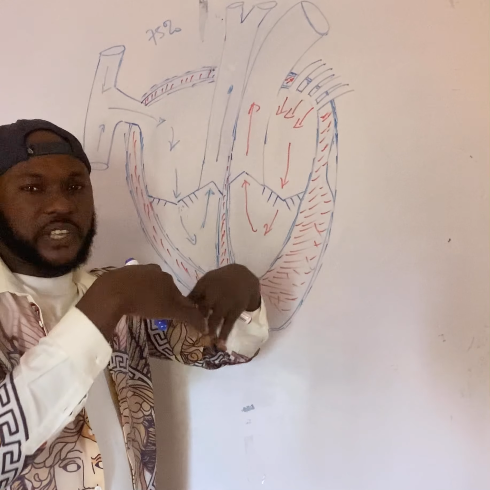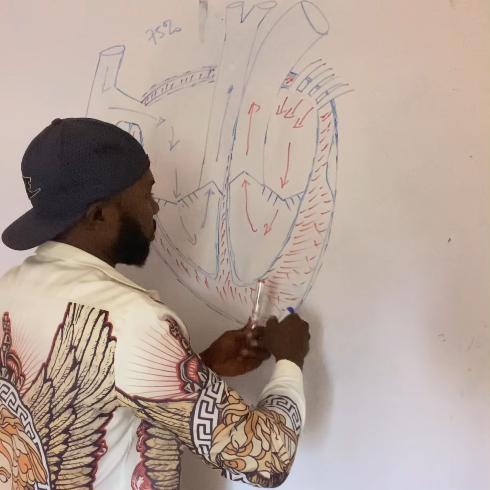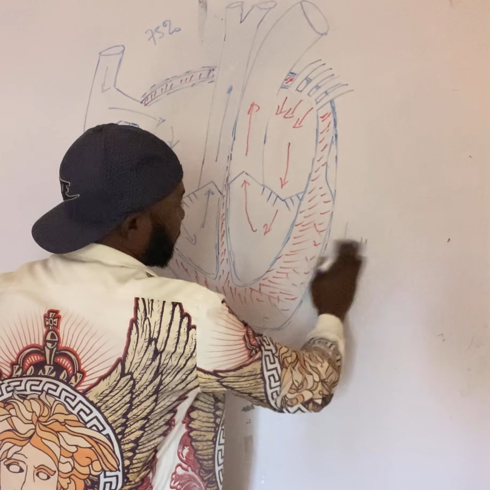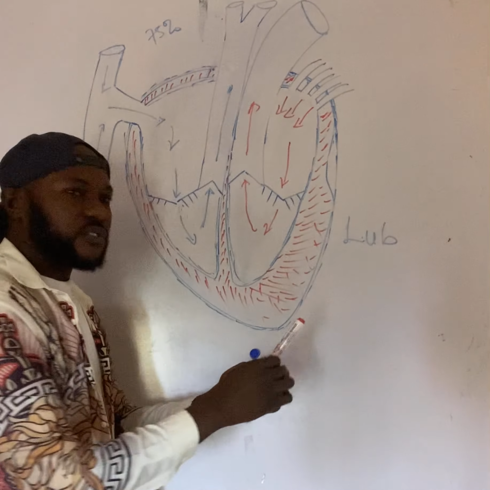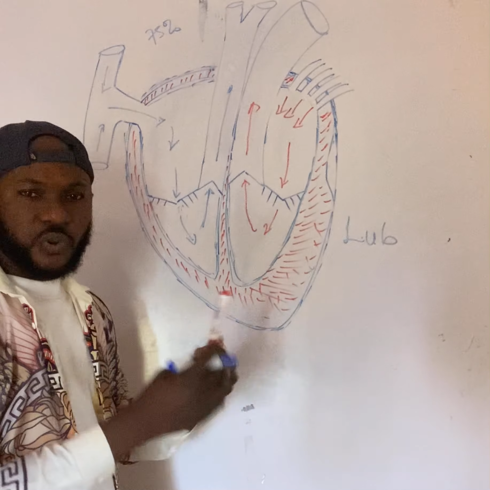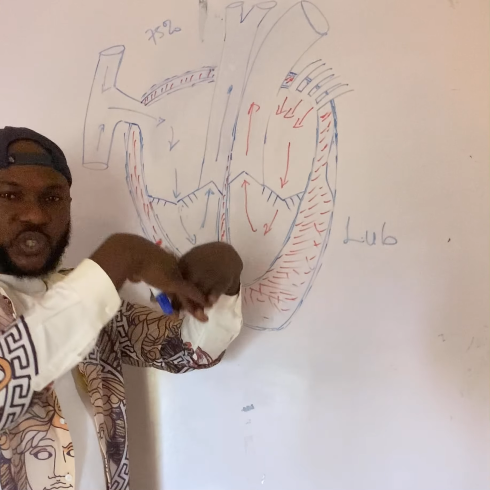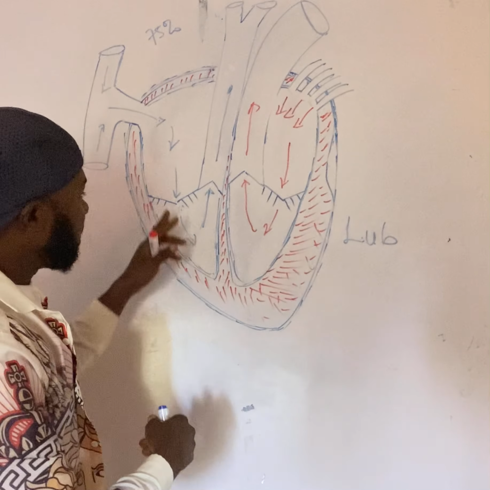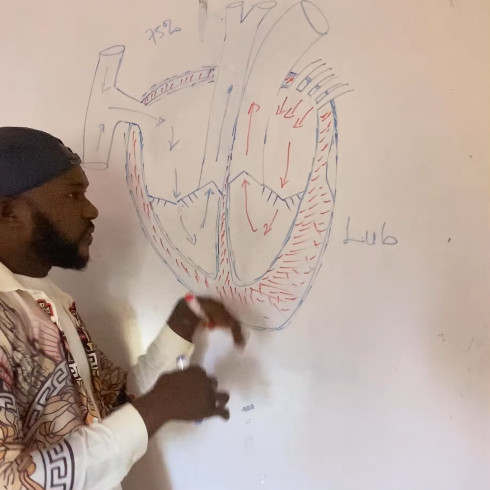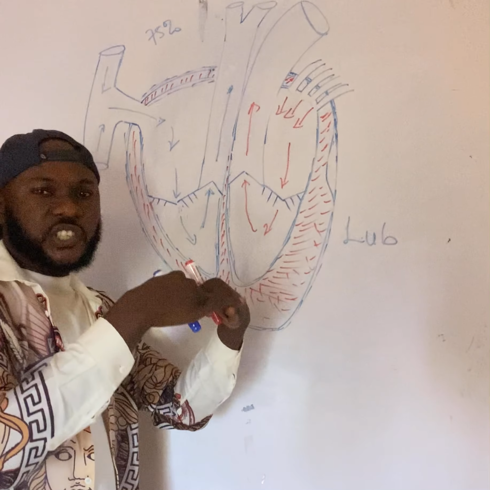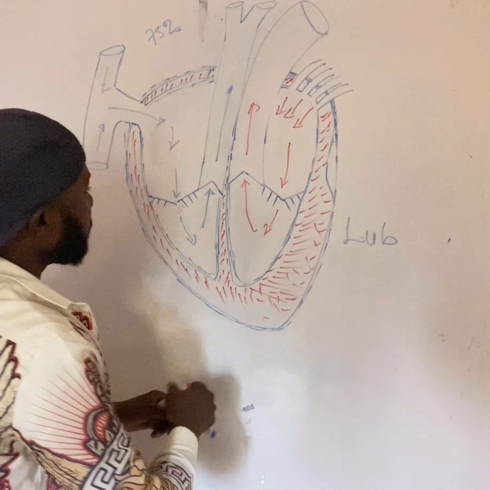If you touch your heart, you hear a lub sound, the sound that you hear in your heart, boom, lub sound. Because of the closing, the slam shutting of the tricuspid valve. When the tricuspid valve slam shut, when they close it forcefully, okay?